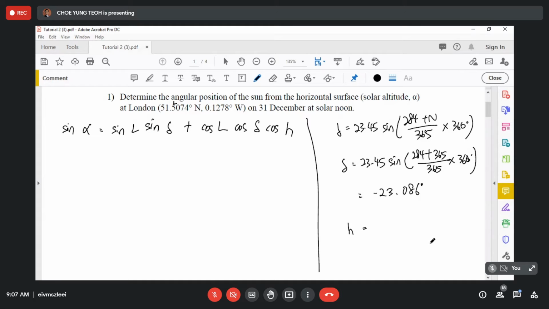So anyone have the answer for H? Yes, 0, because of the solar noon. When you see that the question states at solar noon, the H will be 0.